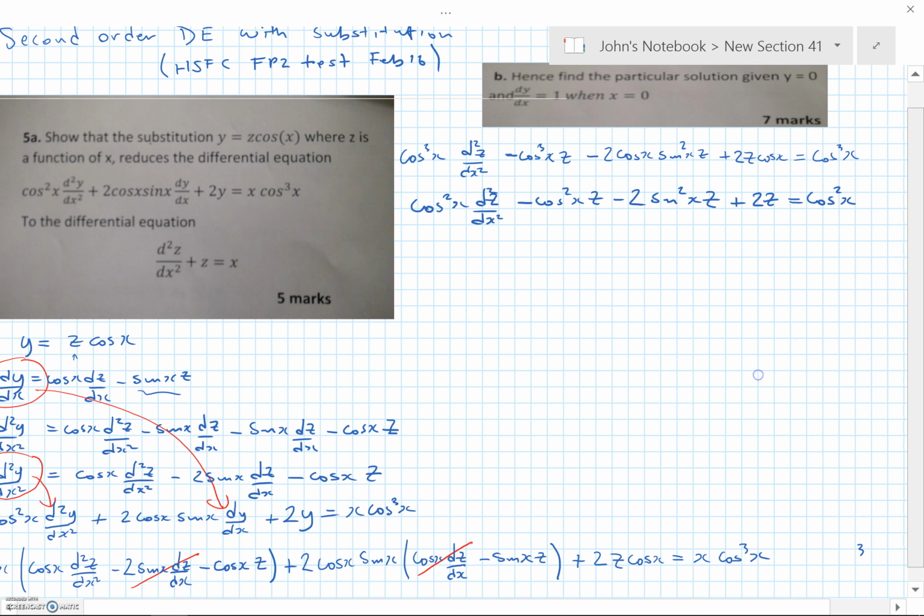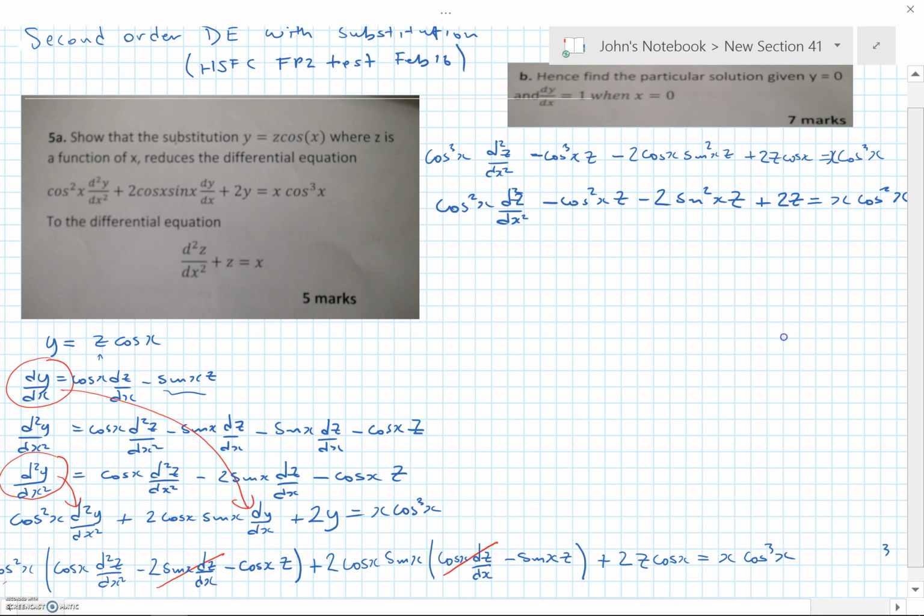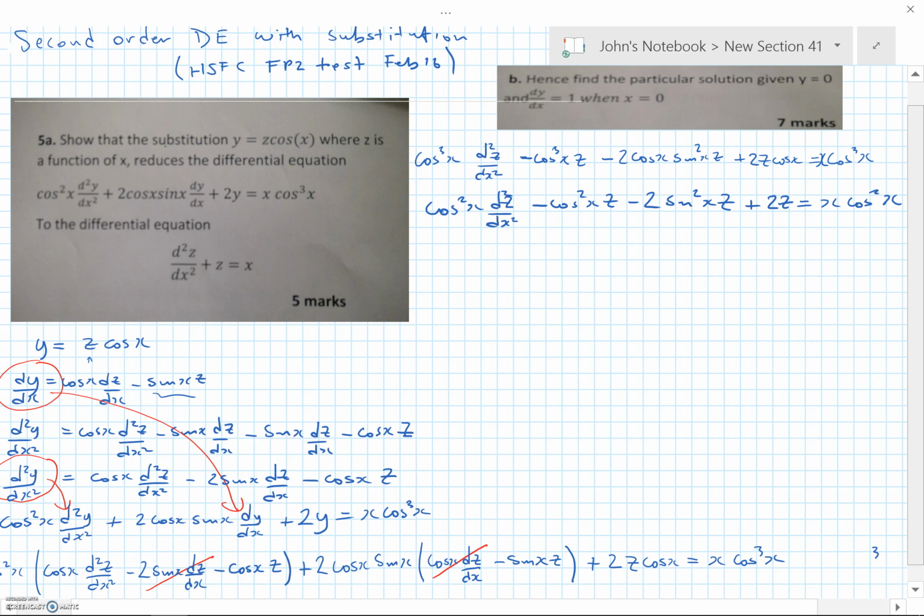There is an x in this term as well. It's a bit messy, so it's not done a lot really. I can replace my sine squared with 1 minus cos squared.